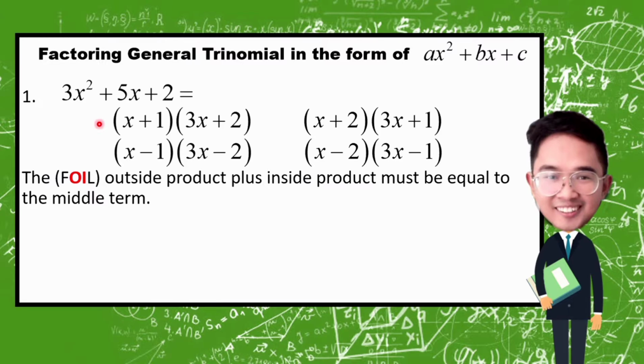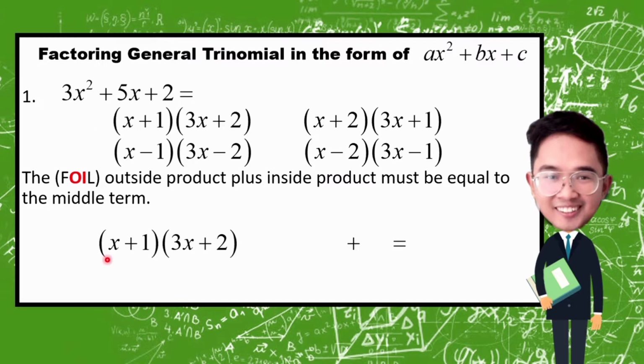After listing all the possible factors of our given, we are now ready to check all the possible factors one by one by using the FOIL method, wherein we are going to focus on the outside product plus the inside product, and that must be equal to our middle term, which is positive 5x. So let's have first this factor, the quantity of x plus 1 multiplied by the quantity of 3x plus 2.